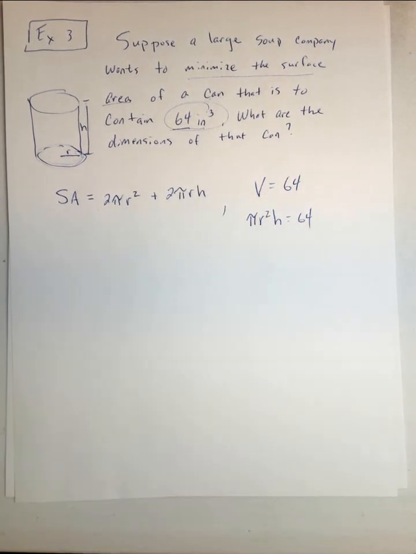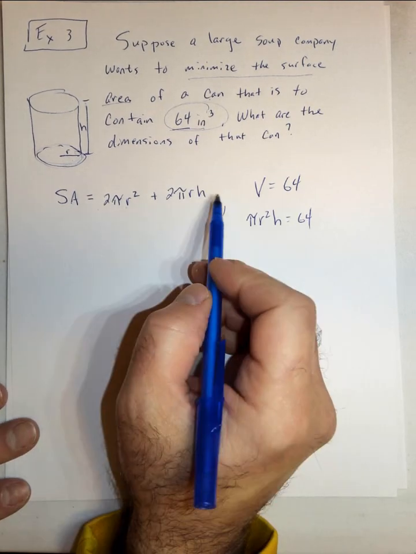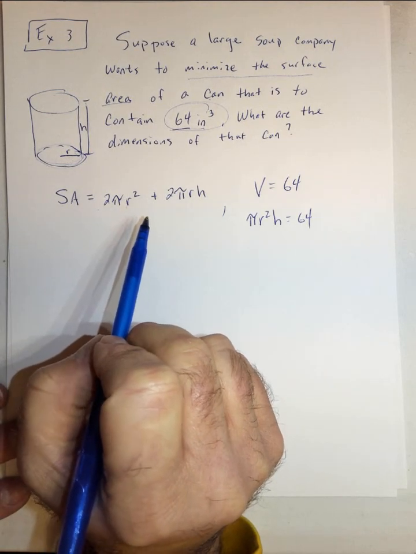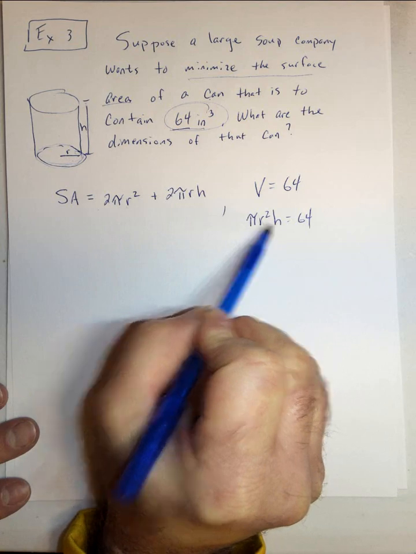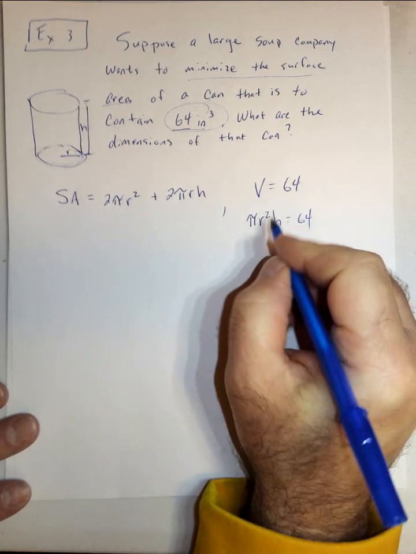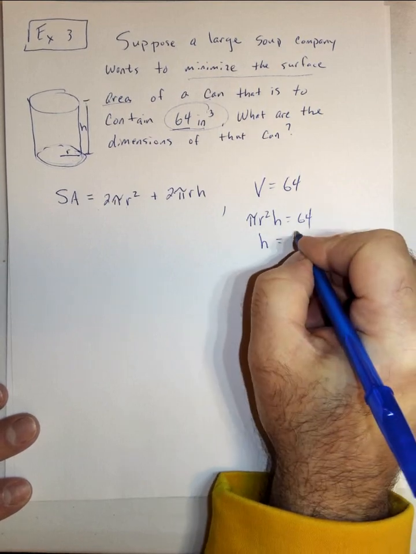So here we have our system, just like we did in the previous example. And now we are going to eliminate r or h. And I think what might be best here is to solve for h because it's not a square, right? So this would be the easiest one to solve for. So that's why I'm choosing it.